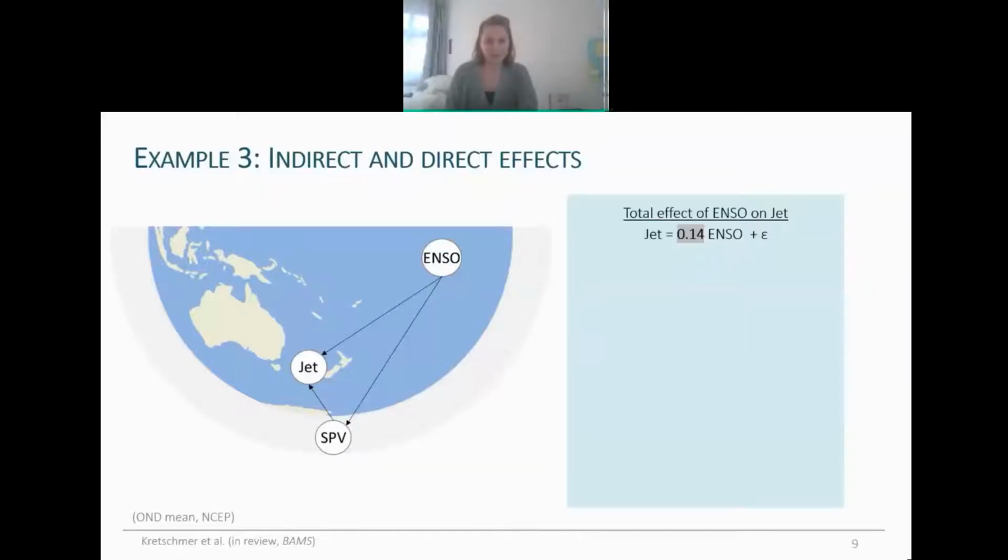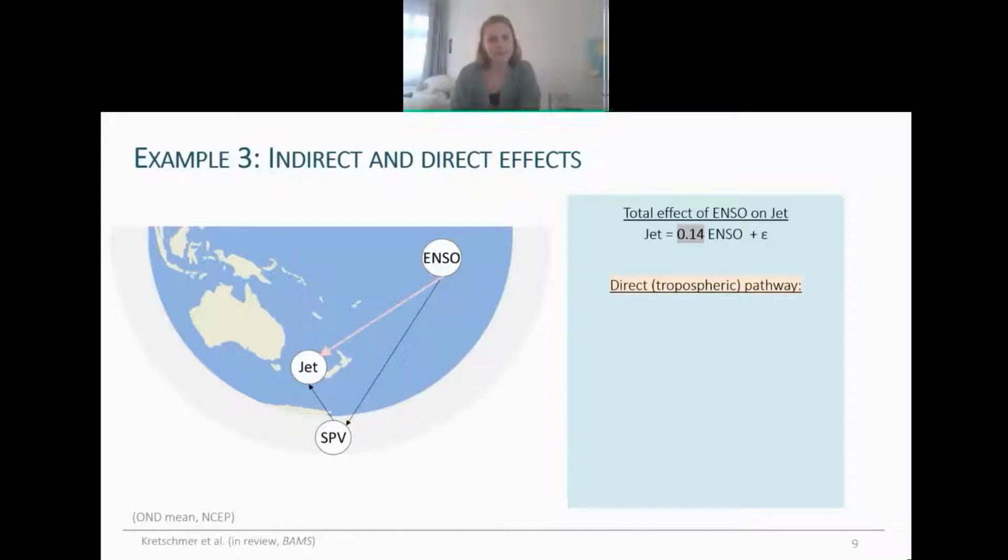We could again estimate the total effect of ENSO on the jet stream quite easily. There are no confounding factors, there are no common drivers, for instance, and we find the total effect to be 0.14. But often one is also interested in the different contributions of different factors. For example, we could be interested only in this direct tropospheric pathway.